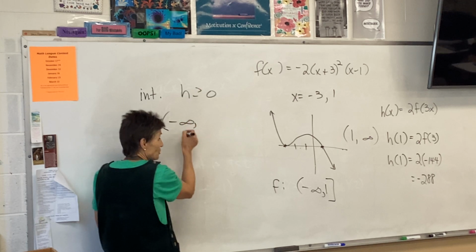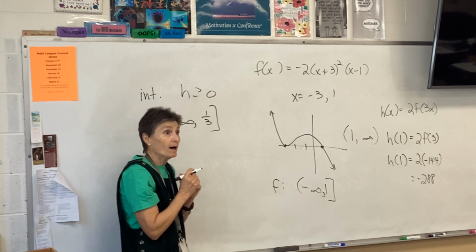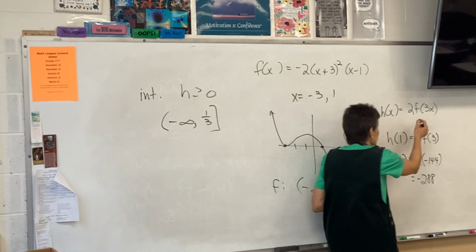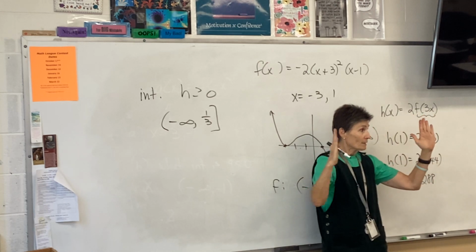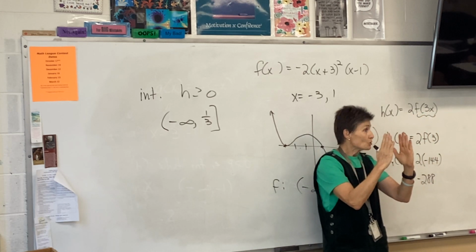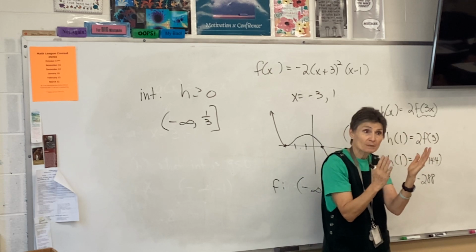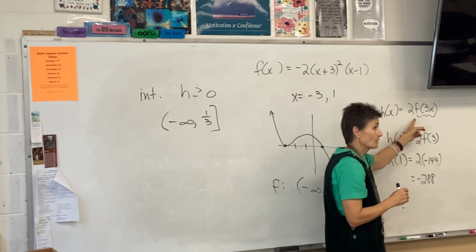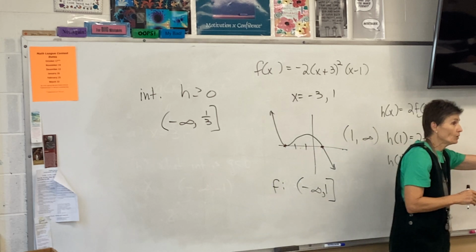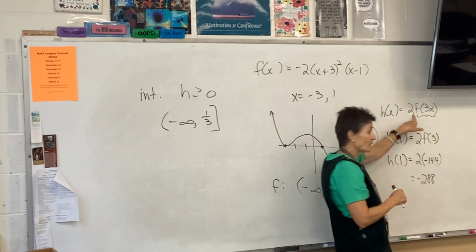Negative infinity to 1/3. Because what does this, right here, do to your picture? It shrinks it. So what was at 1 before is now at 1/3. Now why did we not do anything with the 2? Because intervals are x's. And what does that do?